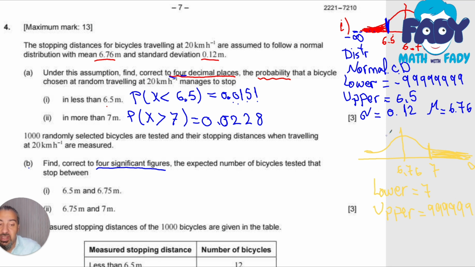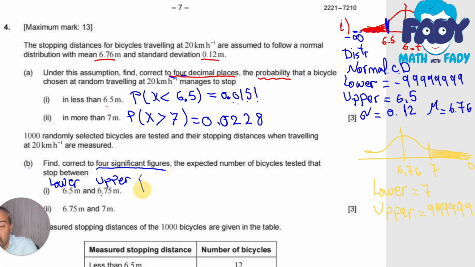It's the same thing, but here we insert lower 6.5 and upper 6.75.